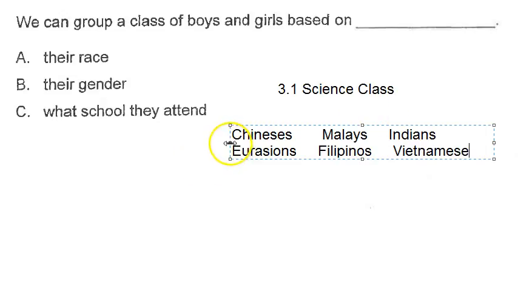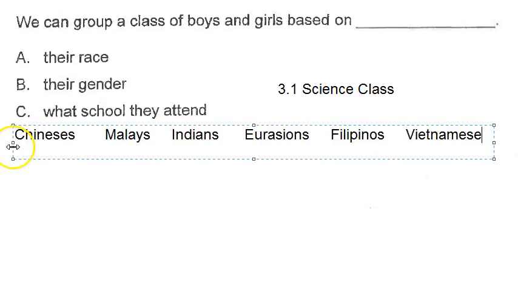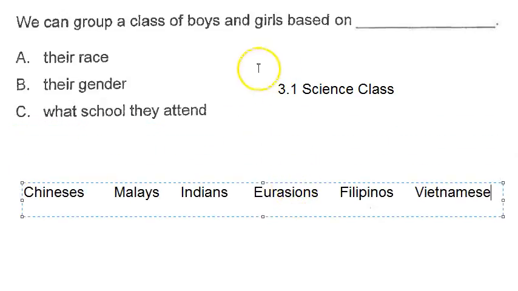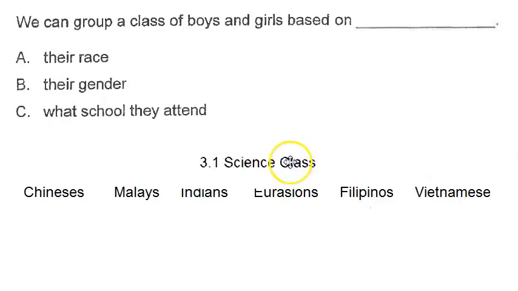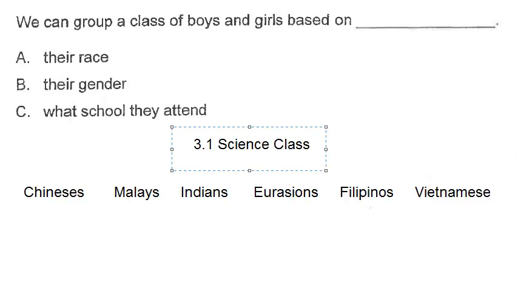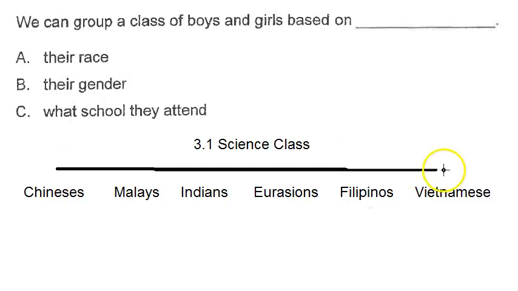So we can have all these groups of people in our class, and you can group them together, right? So we have class 3.1, and we have many of these groups, all of them belonging to 3.1. So we have the Vietnamese, the Filipinos, the Eurasians, the Indians, the Malays, and then we also have the Chinese, and all of them belong to class 3.1.